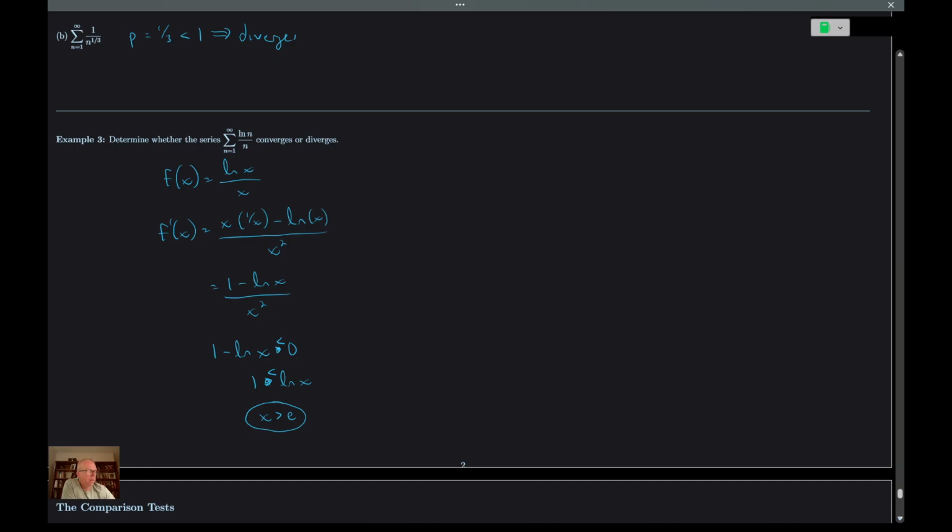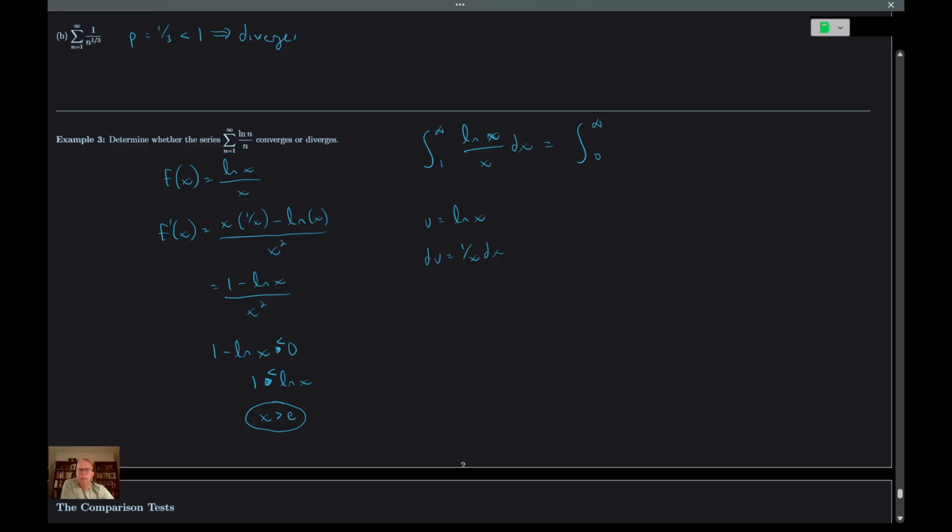So let's integrate from 1 to infinity ln of x over x dx. We can use substitution, so u equals ln of x, du equals 1 over x dx. So this works out. The upper limit becomes infinity, and if we plug in 1, we get 0.